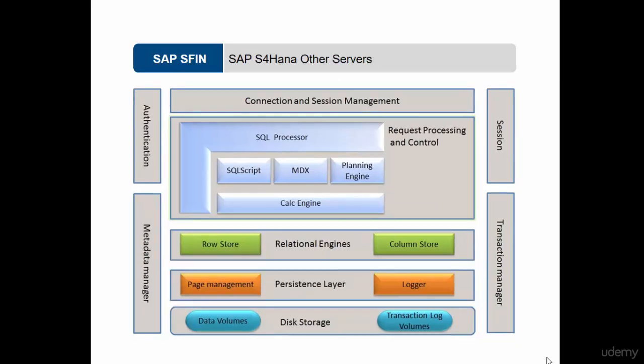As discussed earlier, there are various other servers in SAP S4 HANA. Let's understand their role briefly. Preprocessor server: the index server uses the preprocessor server for analyzing text data and extracting the information on which the text search capabilities are based. Name server: the name server owns the information about the topology of the SAP HANA system.